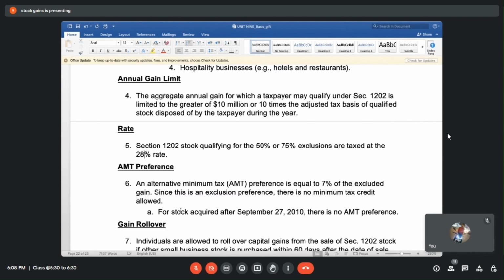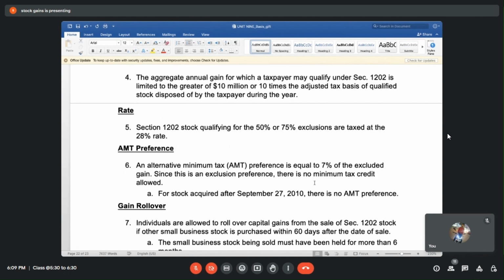AMT also. When we were looking into AMT, alternative minimum tax, we knew that up to 7% of the gains will come up for minimum tax calculation. So people may say that 1202 gives complete gain benefits or complete exclusion, but we still need to see what the AMT impact will be.